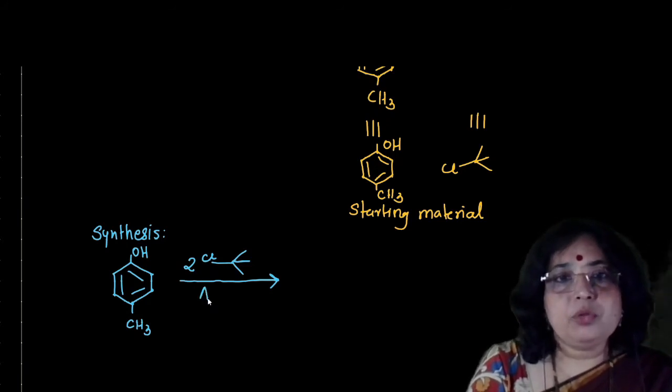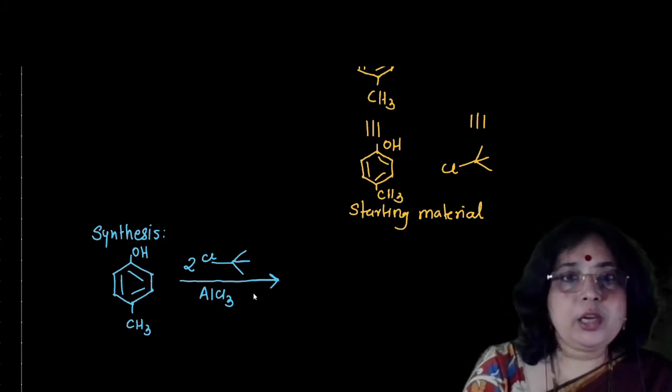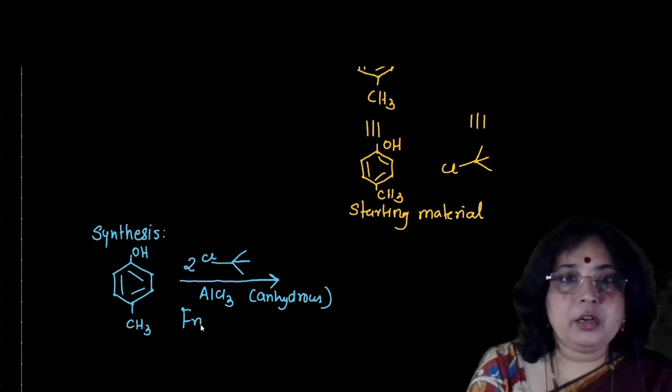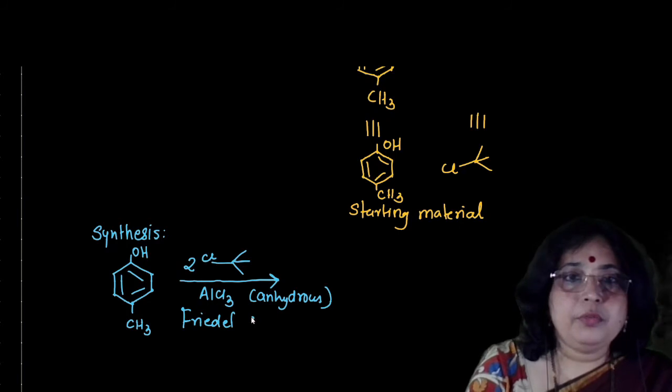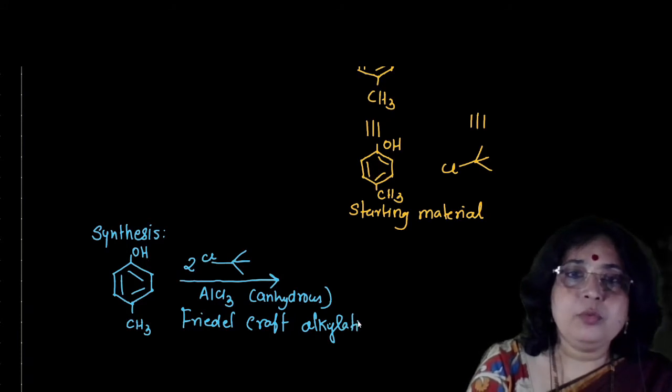Now when I am using this alkylating agent, I know that I have to apply a catalyst, that is a Lewis acid. So here I am using anhydrous aluminum chloride, and this is a Friedel-Crafts alkylation. So this is a very good alkylating agent also.